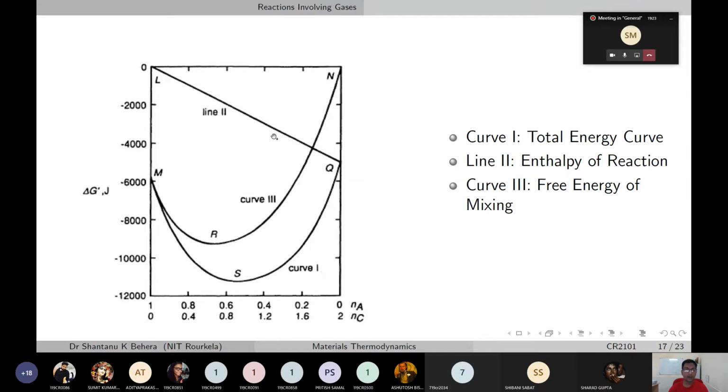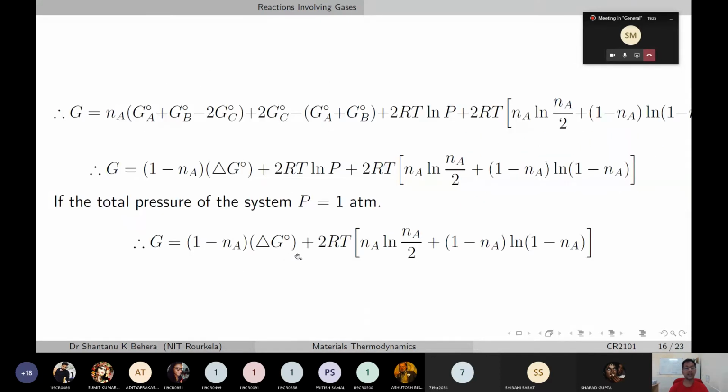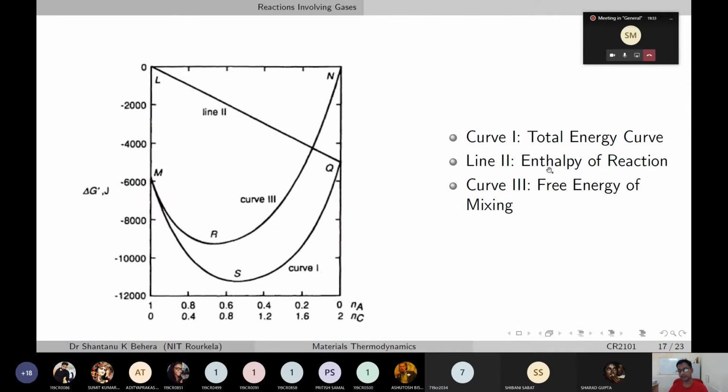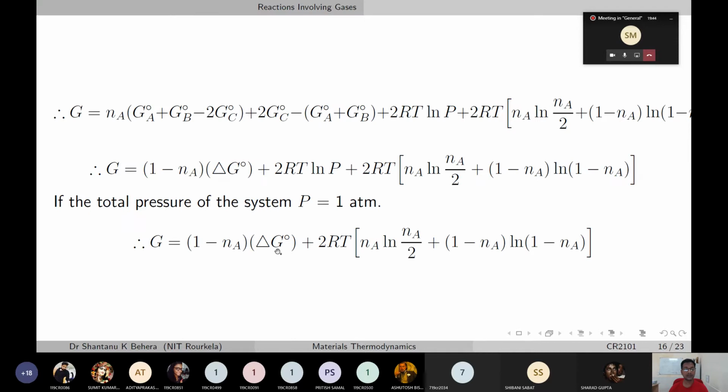Now let's go a little deeper, going back to the previous slide. I say this is del G zero, the Gibbs energy of reaction, and here I write enthalpy of reaction. Is it wrong? Perhaps it is wrong in the normal sense, but it's not wrong here. Why? Because enthalpy and Gibbs energy of the system are fairly equivalent.